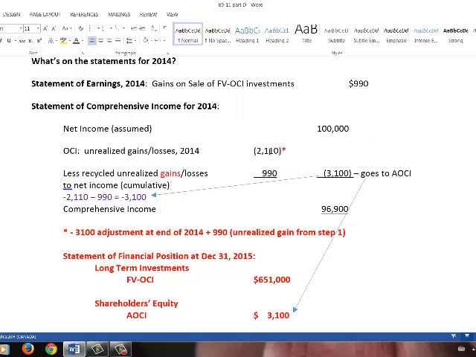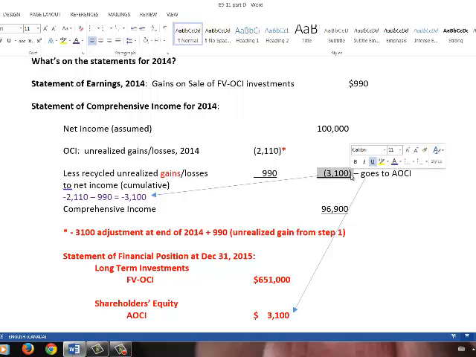So if I go negative 2110, which is what I'm doing here, because that's my unrealized net loss, less, or minus, my unrealized gain, so minus a positive number, which is 990, it gives me negative 3100, which is now going to show up in my AOCI.